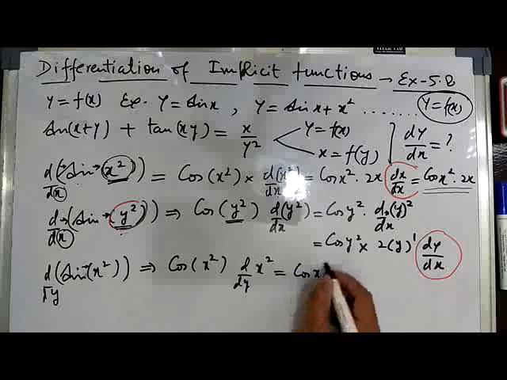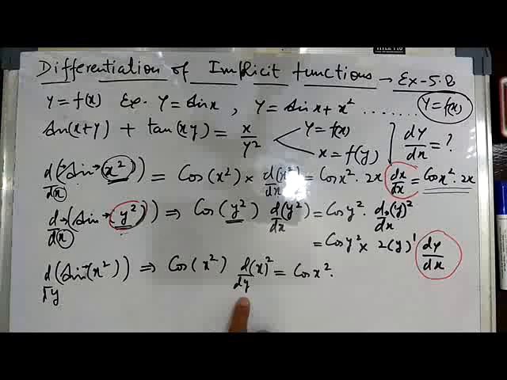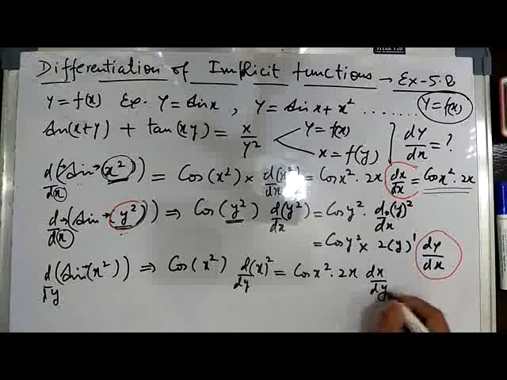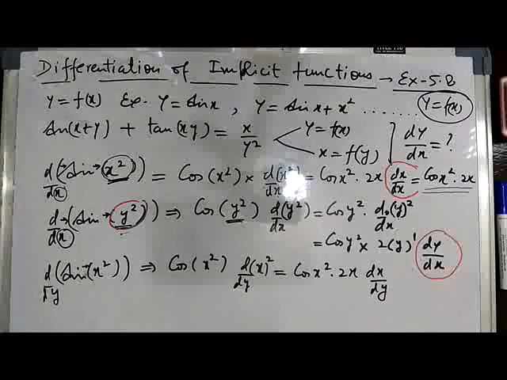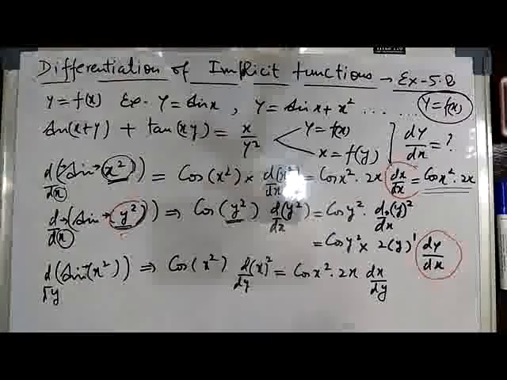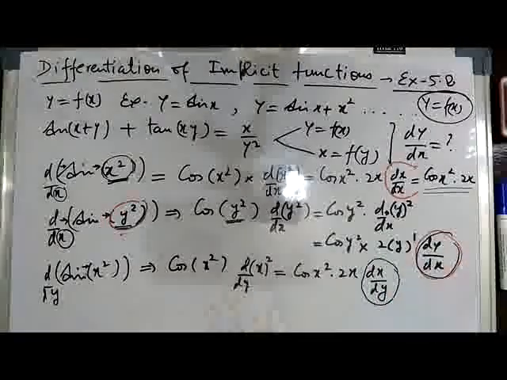Since the function and the variable with respect to which you are differentiating are not the same, it is nothing but 2x and dx dy. So remember one thing: whenever differentiation of a function is taking place with respect to another variable, which the function is not made from, in the end this kind of element is always found.